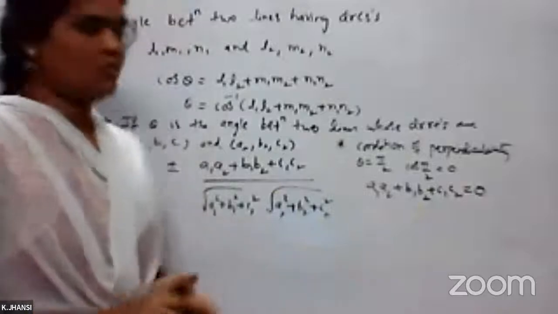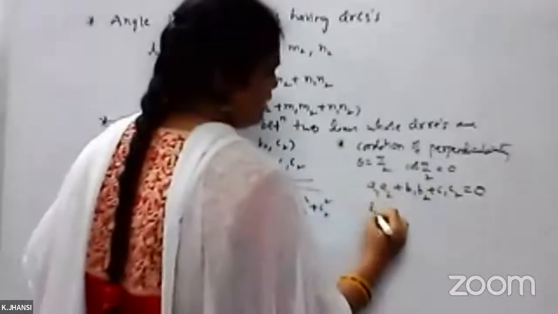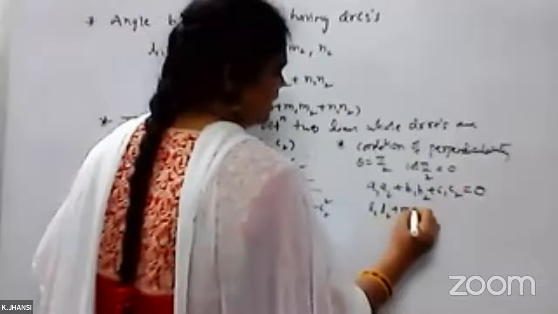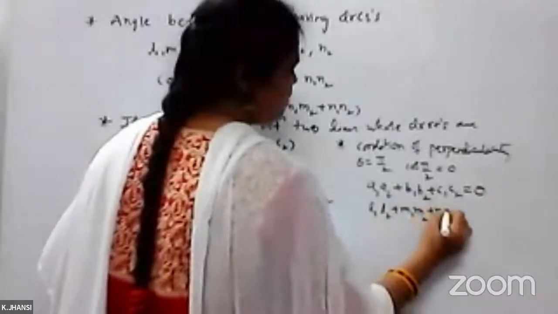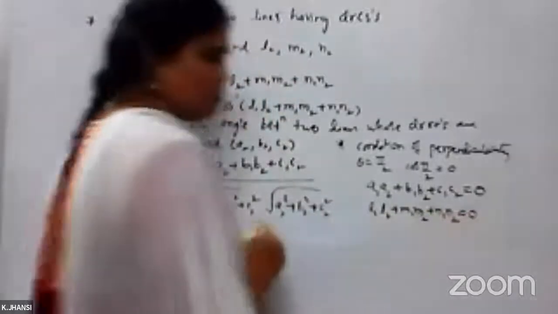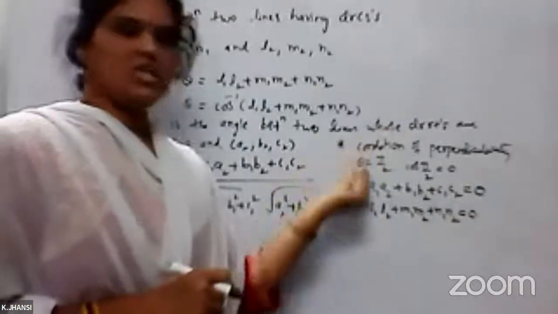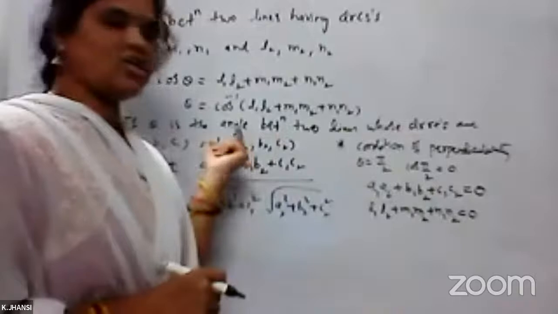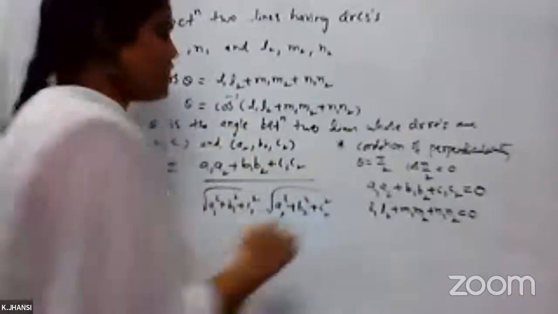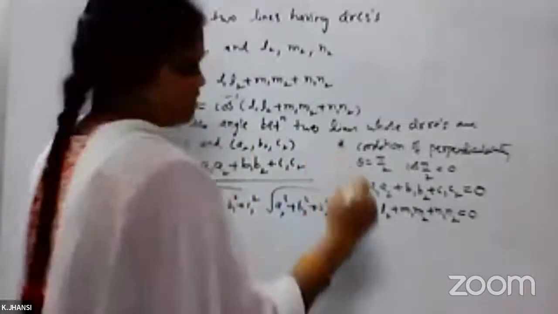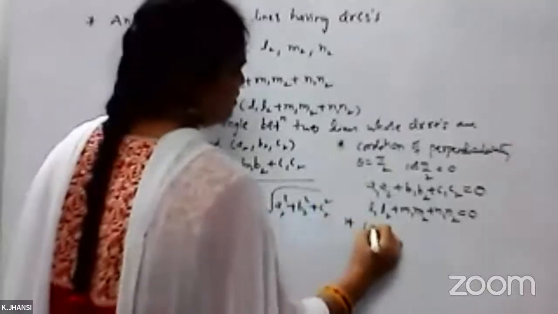L1 L2 plus M1 M2 plus N1 N2 equals 0. This can even be a 1 mark bit: what is the condition of perpendicularity when two direction ratios are given? Next is the condition of parallelism.